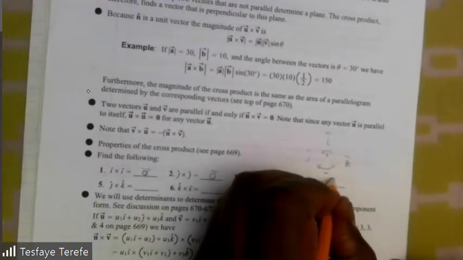All right. So what is i cross j, guys? You have to use your right hand rule, and that is what? Is it k? Yes. Okay. How about then j cross k? Negative i?